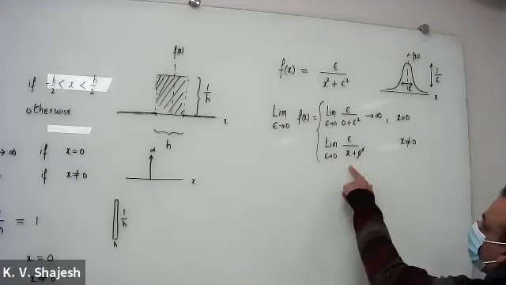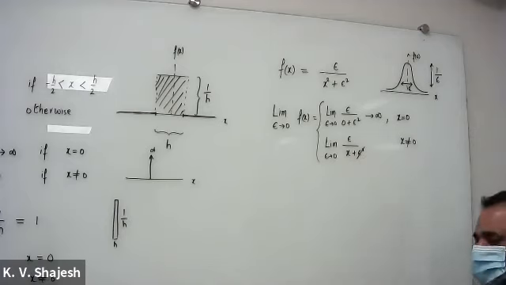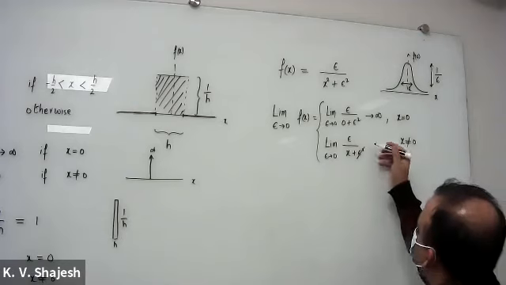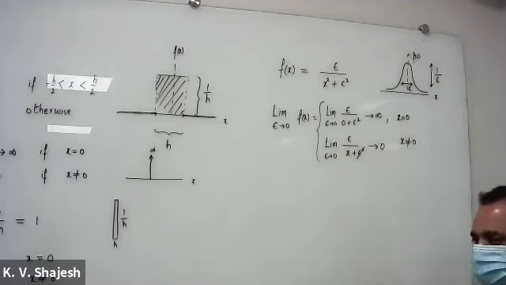In the limit epsilon tends to 0, epsilon square will eventually get significantly smaller than x square. You can neglect that, and because there is an epsilon in the numerator, that makes it 0. And that now has the feature of our delta function.